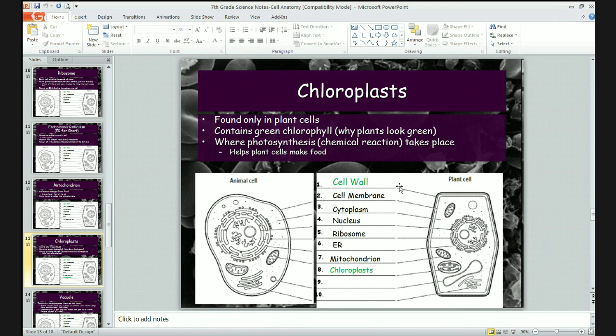Its job is to help your plant cell do the process called photosynthesis. Photosynthesis is just a fancy word for making food out of sunlight. Photo means sun, synthesis means to make. So you're making food out of sunlight. The plant cell has both the mitochondria and the chloroplast to help it make energy.